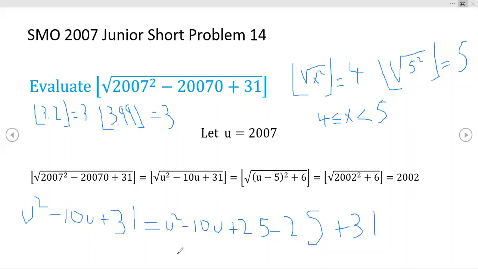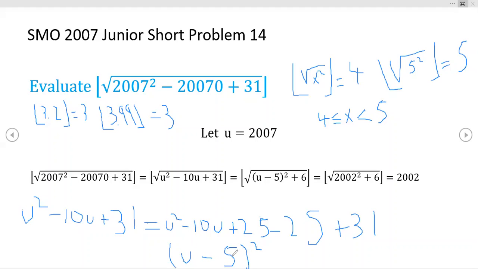The reason this is useful is because these three terms are a perfect square. You can write these three terms as u minus 5 quantity squared.